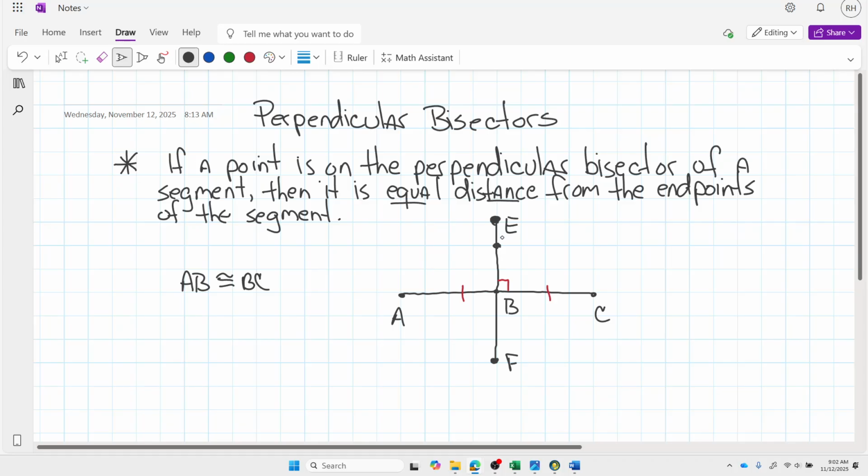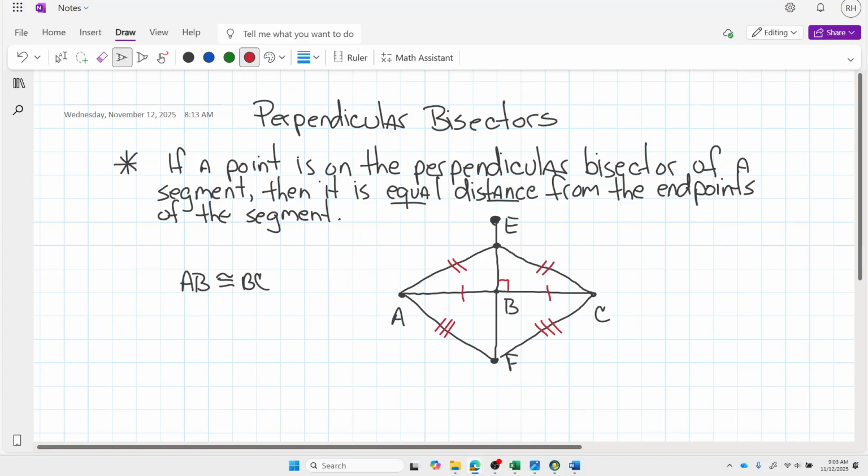So if you draw in this segment, here and here, these two pieces are congruent to each other. If you do the same from F to C and A to F, those two pieces are congruent to each other. Everybody okay with that?